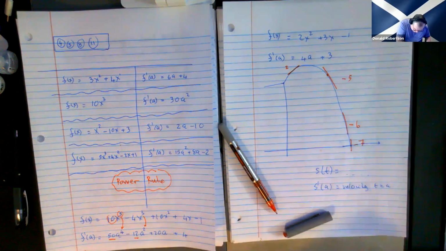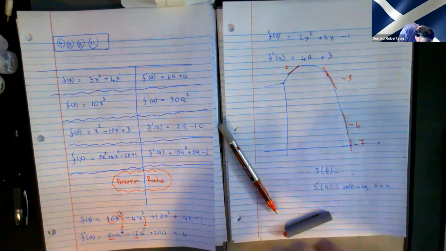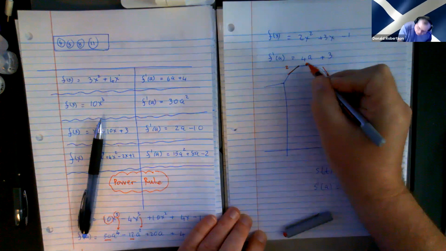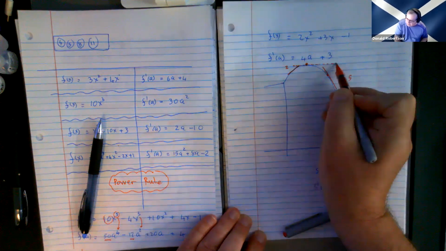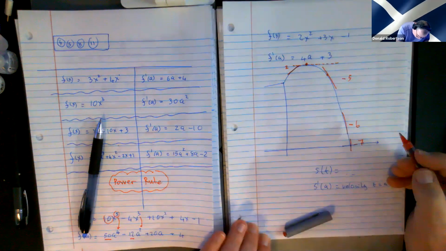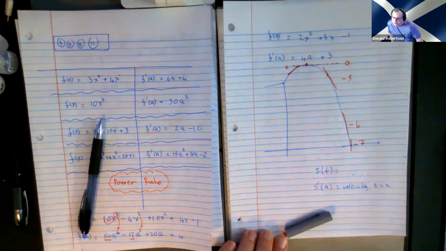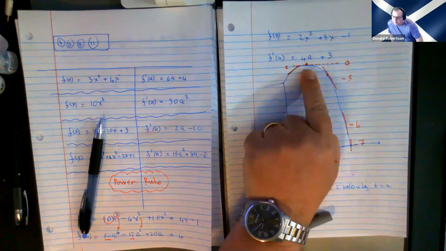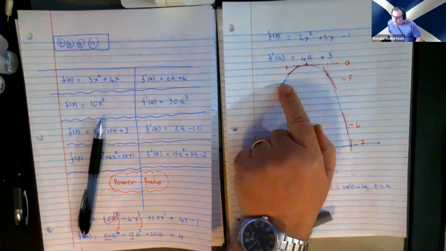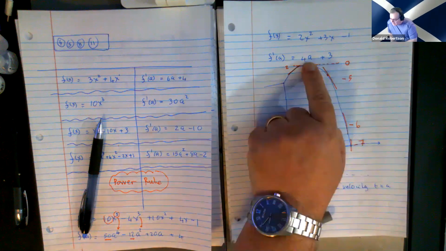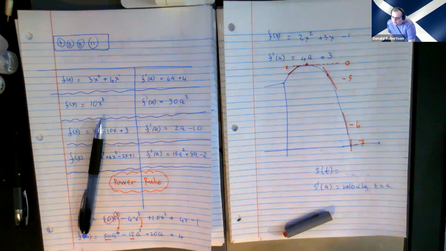For instance, in this question here, at that point there, right at the top of the hill, wouldn't the tangent line be a horizontal line? And a horizontal line has a slope of 0. So at that one point on the journey of this rock, as I throw it up and then it comes down and hits the sea down here, at that one point there, for an instant of time, isn't that rock stationary?